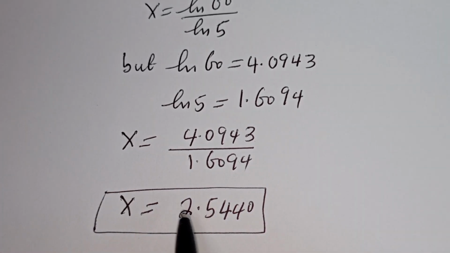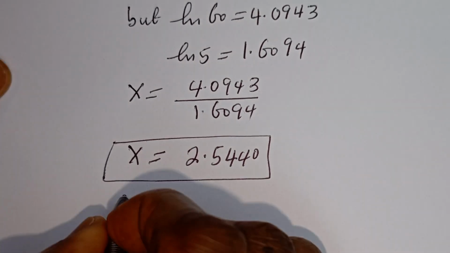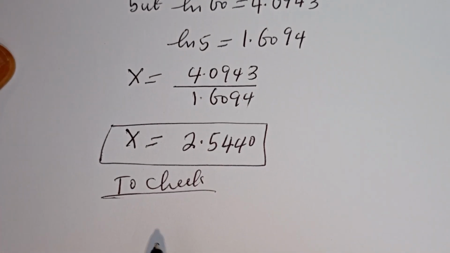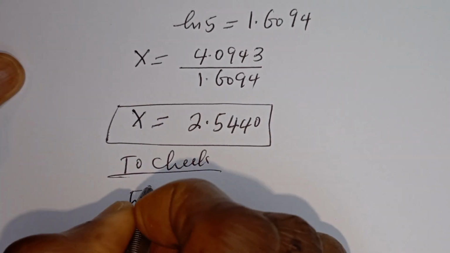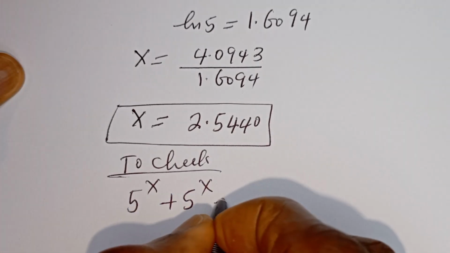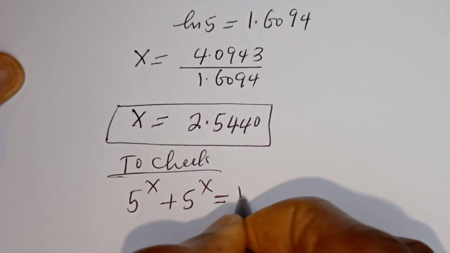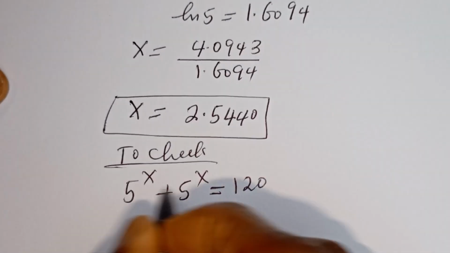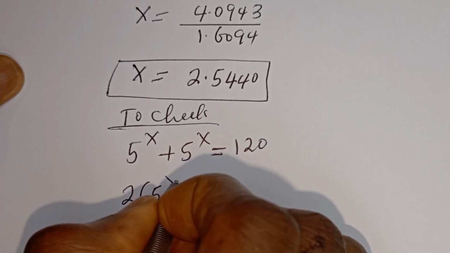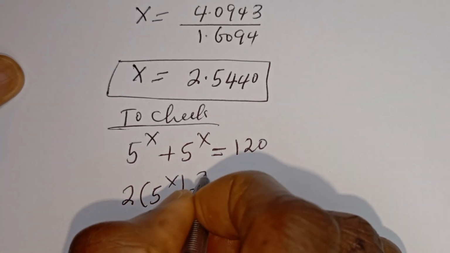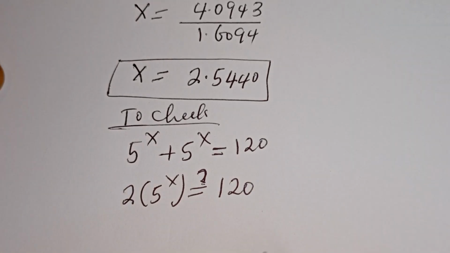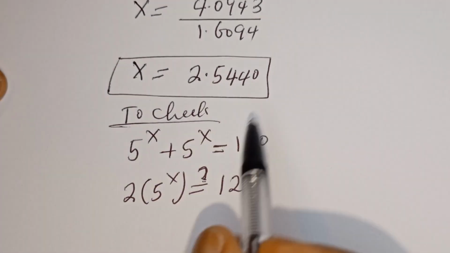We can check to confirm if this answer is right or wrong. Let's check. To check, we have the given equation 5 to the power of x plus 5 to the power of x is equal to 120, and this becomes 2 bracket 5 to the power of x must be equal to 120. Then we know that x is 2.5440.